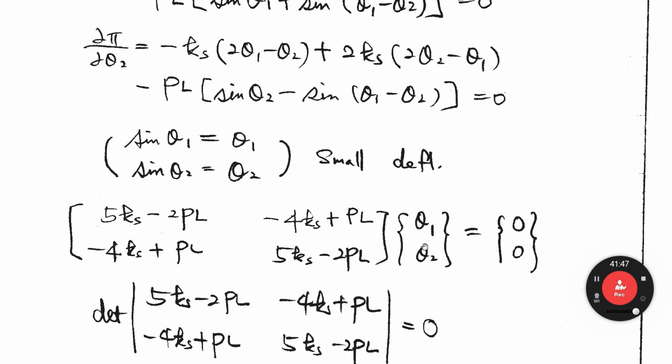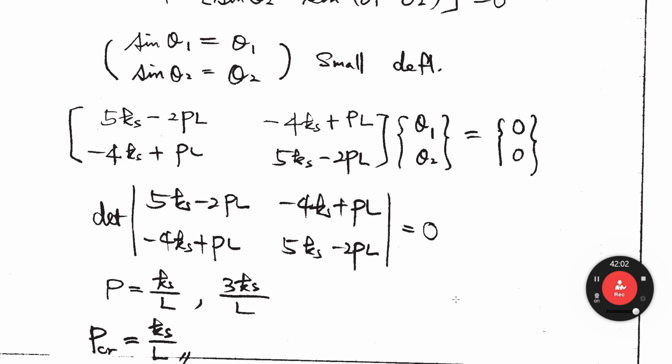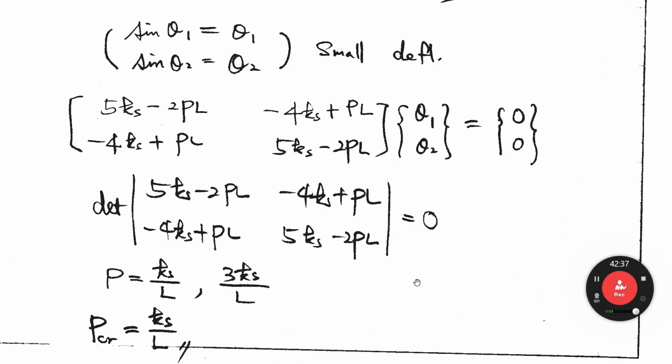Plug into this equation or that equation. So we did a 2 DOF problem. For a 2 DOF problem, you get a 2 by 2 matrix. If you solve a 3 DOF problem, you will get a 3 by 3 determinant. Then you will get 3 critical values, 3 P's. Okay, let's stop here.